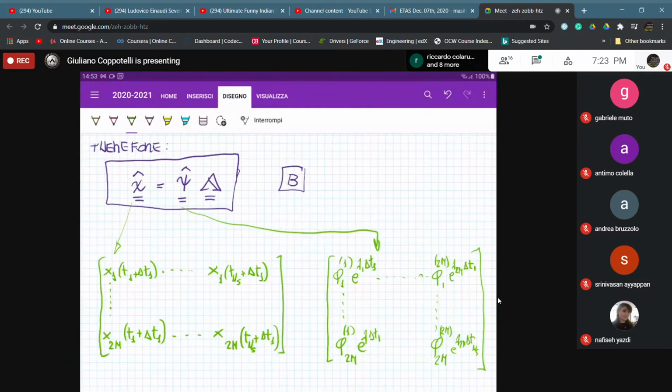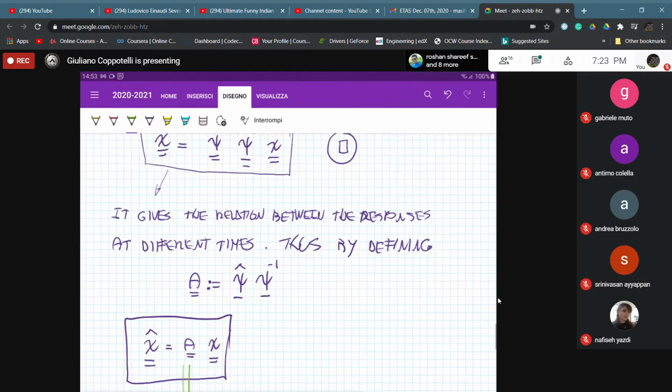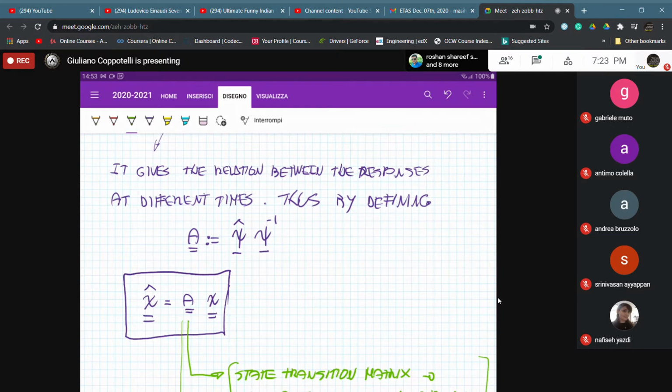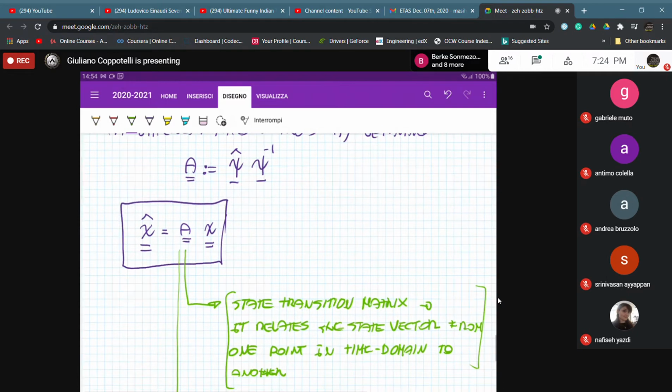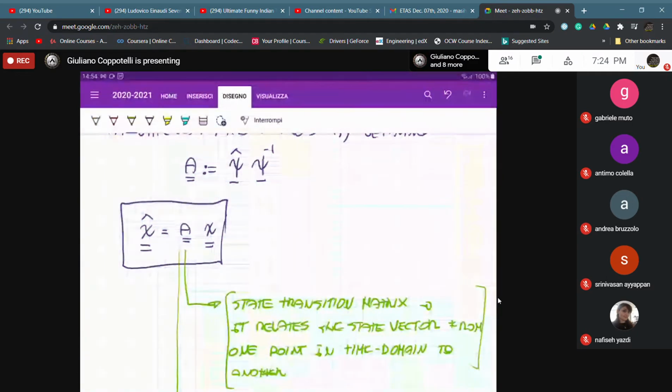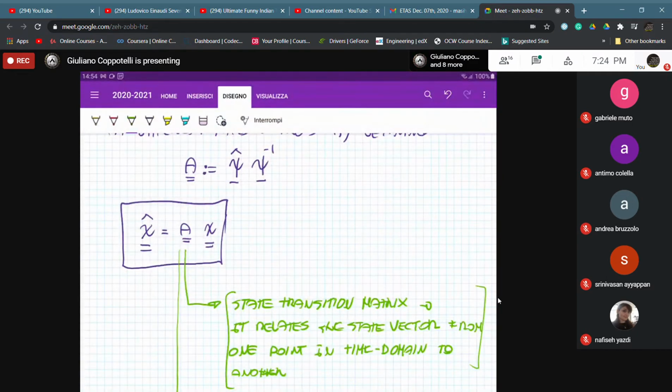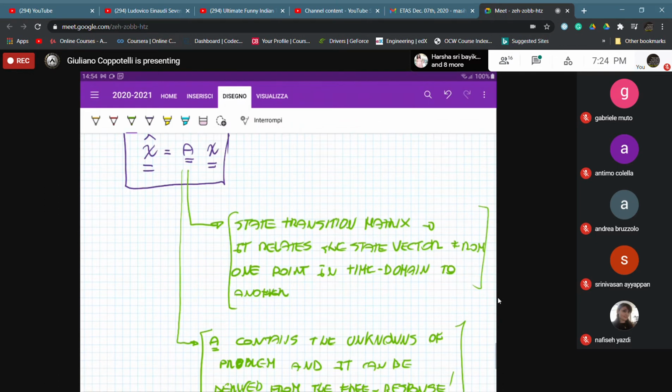By comparing these two relations, A and B, we can say that your A matrix, that is your state transition matrix, is relating your actual response with respect to the next one by time shift delta T1. So by using this equation, we can have the information of the modal parameters, and therefore we can estimate your modal parameters just by knowing the output responses.